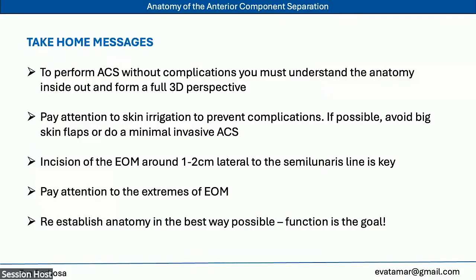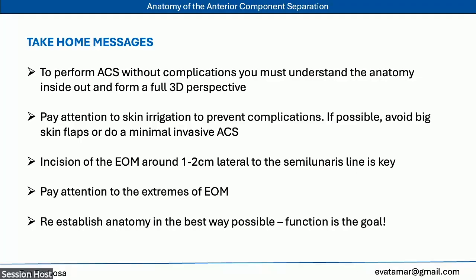So, take-home messages: to perform abdominal component separation without complications, you must understand the anatomy inside out with a full 3D perspective. Your patient, anatomy, textbook, imaging, everything. To prevent complications, avoid big skin flaps, do it minimally invasive, but if you have to do it, preserve some of the perforators.